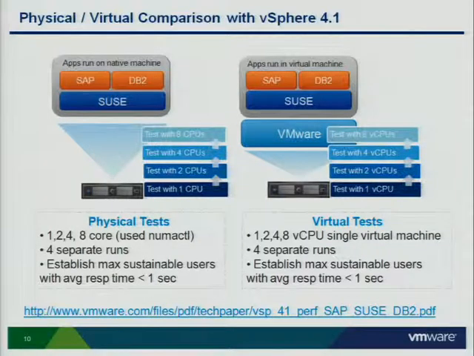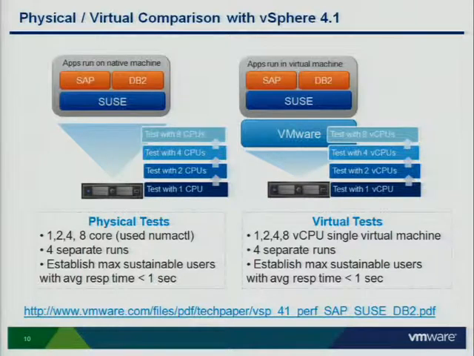Now, it's actually kind of tricky to get a really fair or true apples-to-apples comparison test with all the ways that the servers are architected today. So one of the things that we did to make sure that we got that was we used the NUMA control parameter on the Linux side to dictate which cores were used on which sockets on the physical side. And then we also controlled that on the virtual side as well.